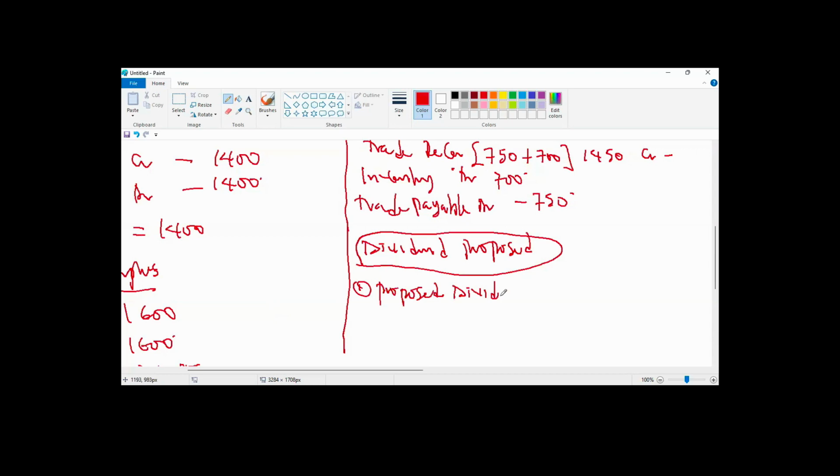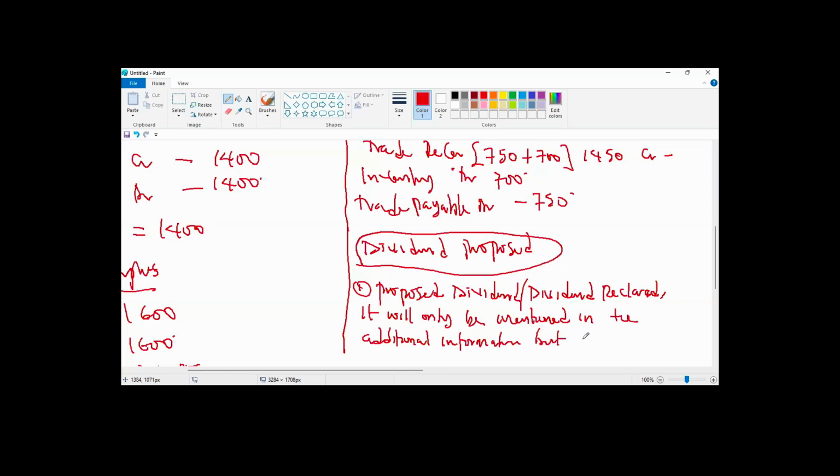If they didn't say proposed dividend, they can say dividend declared, or recommend, as the case may be. It will only be mentioned in the additional information.